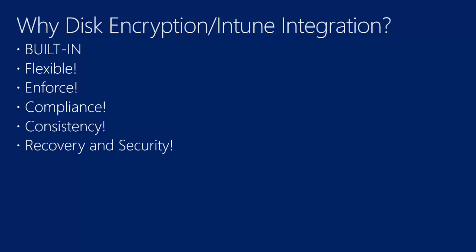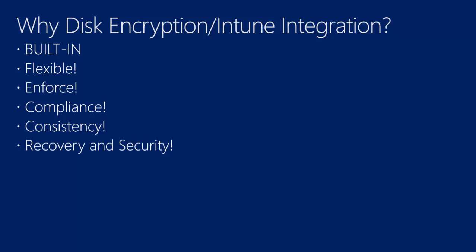So compliance. The detection of disk encryption is a very heavily leveraged piece of determining whether a device is compliant. So if your disk is encrypted, then organizations typically will set that as a requirement for having the device be compliant along with other things. And if it's not encrypted, then the device won't be compliant. Why is that a big deal?